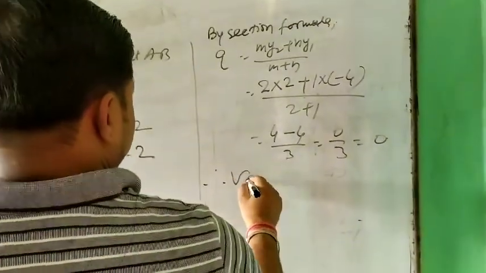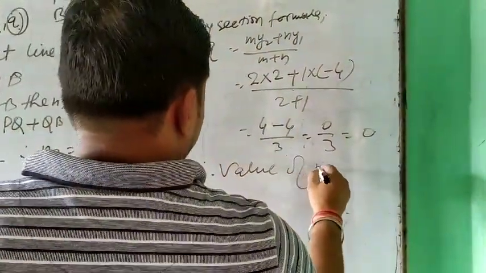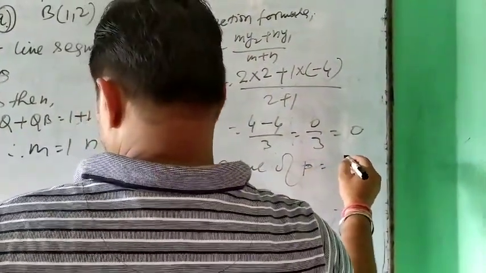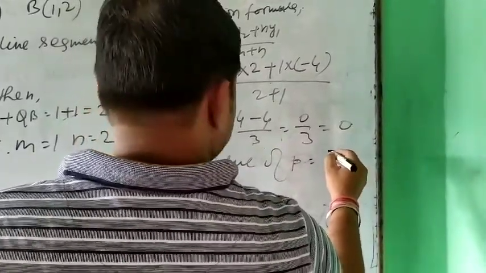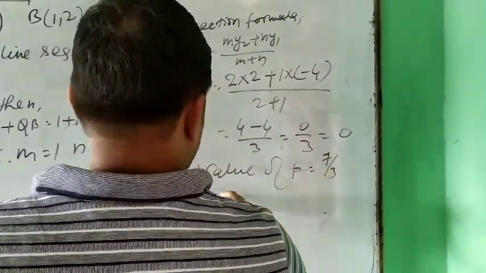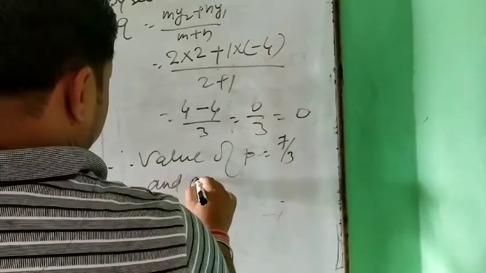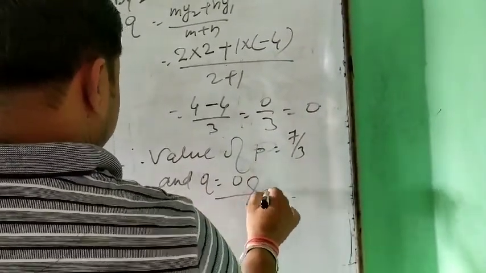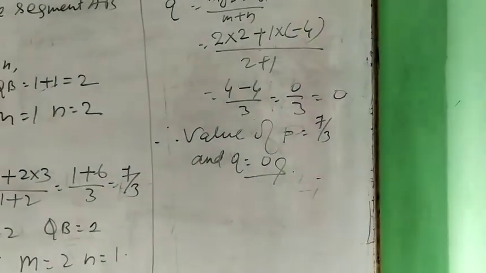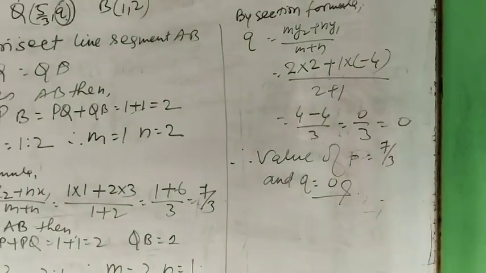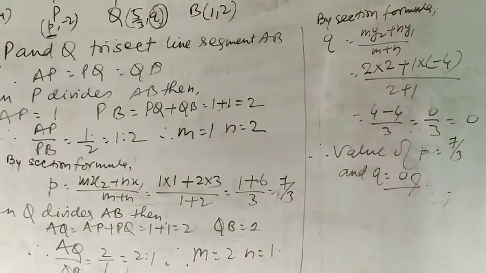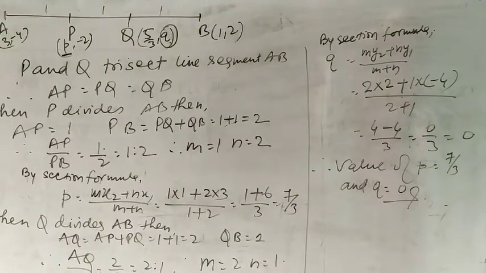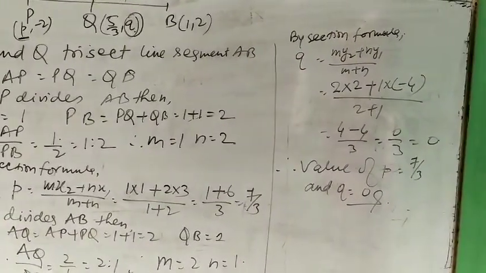So value of P equals 7 by 3 and Q equals 0. In this way, we can get the answer of question number 2.